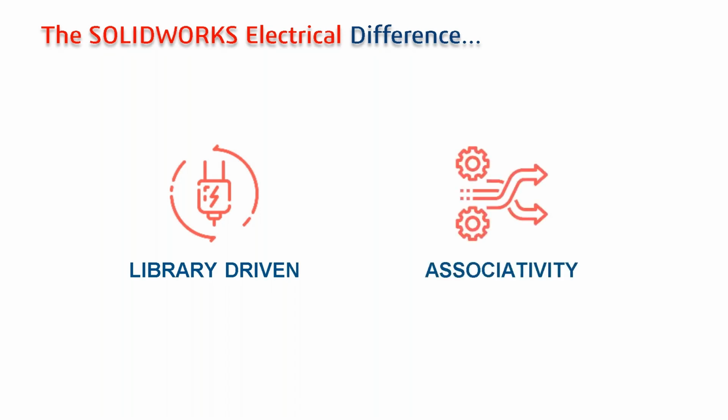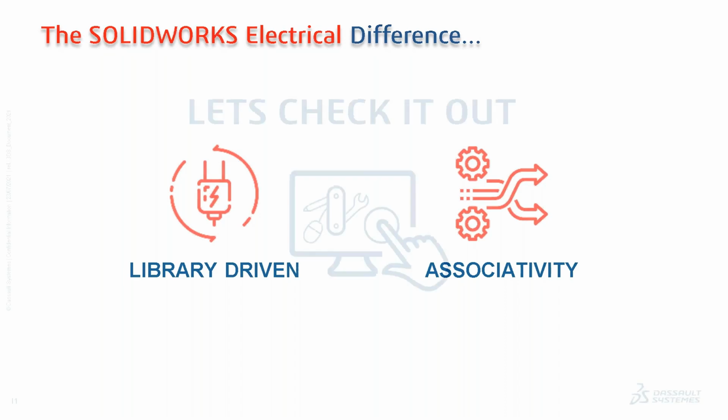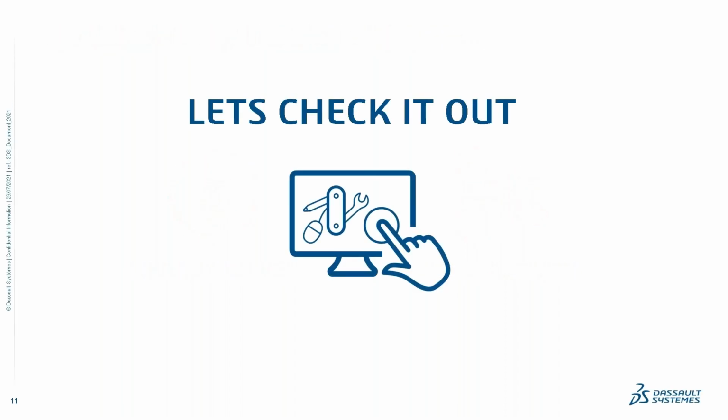And then how we're in a fully associative environment, meaning that all components that are related, any BOM elements, wire information, is all maintained by SQL, guys. We're taking that burden off of you and allowing the database to maintain any of the links and associativity, removing that extra work from you. So with that, guys, let's dive in and take a look.